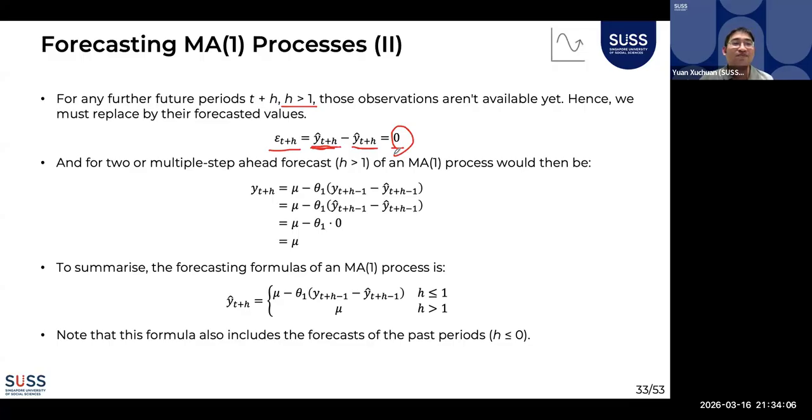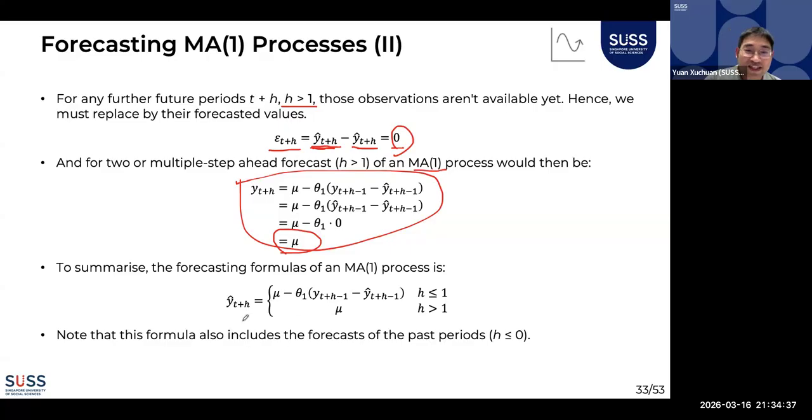For any future period, epsilon t+h will be 0. This gives us a very interesting result: any forecast value for a period beyond 1 equals the mean of the time series for the MA1 process.